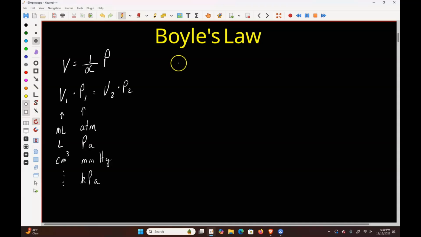If I were to graph an example of Boyle's law, where I have pressure and volume, it will give me points that make a hyperbola, which means then if the volume increases, then the pressure will decrease, or vice versa.